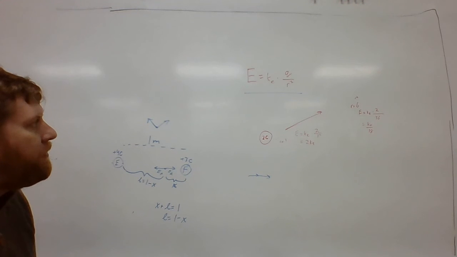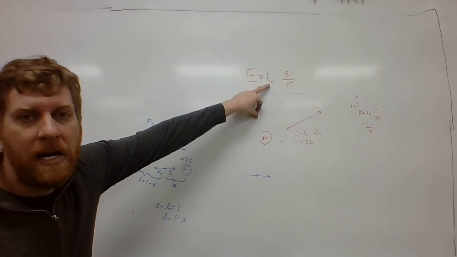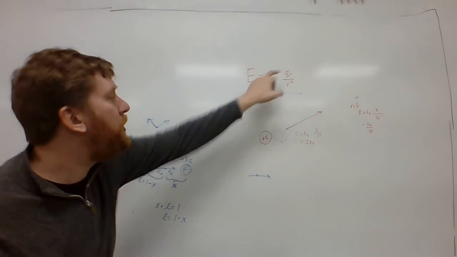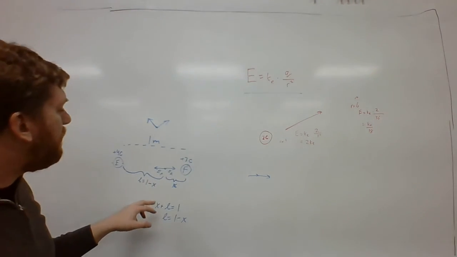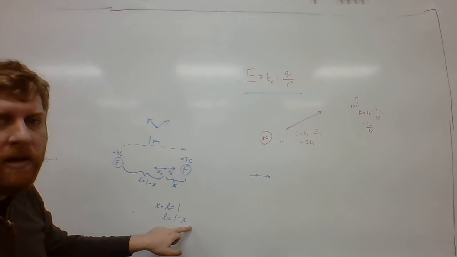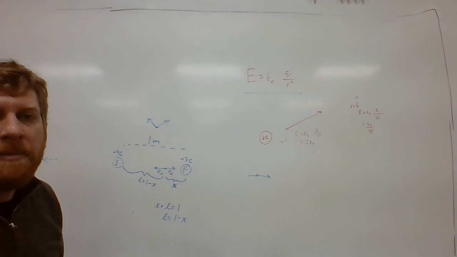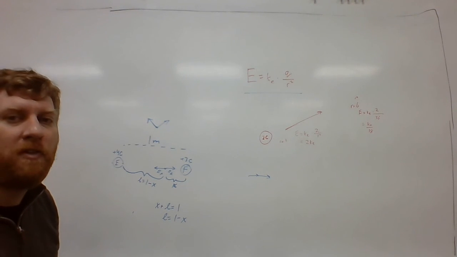Now, do I have enough information to write out these E fields? I have Coulomb's constant, Q, which are these charges, and the distance R. Now I've represented the distance R from each charge in terms of one variable, x. That means if I write out this equation, there will be just one variable to solve for, and hopefully we'll be successful.